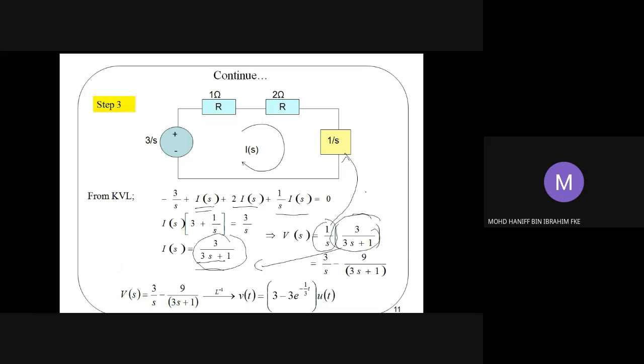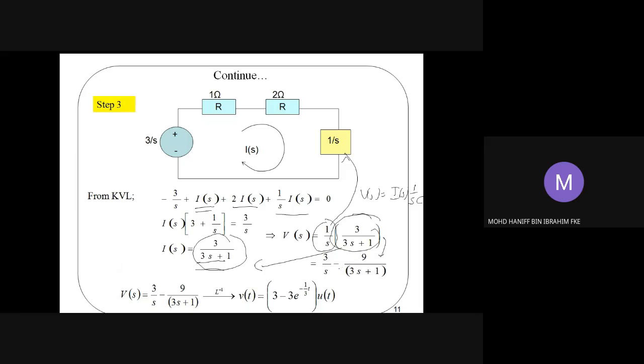So Vs equals Is multiplied with 1 over SC. Because C is 1 farad, we just have 1 over S. Again, we need to use partial fraction for that term. So we're going to have 3 over s minus 9 over 3s plus 1.